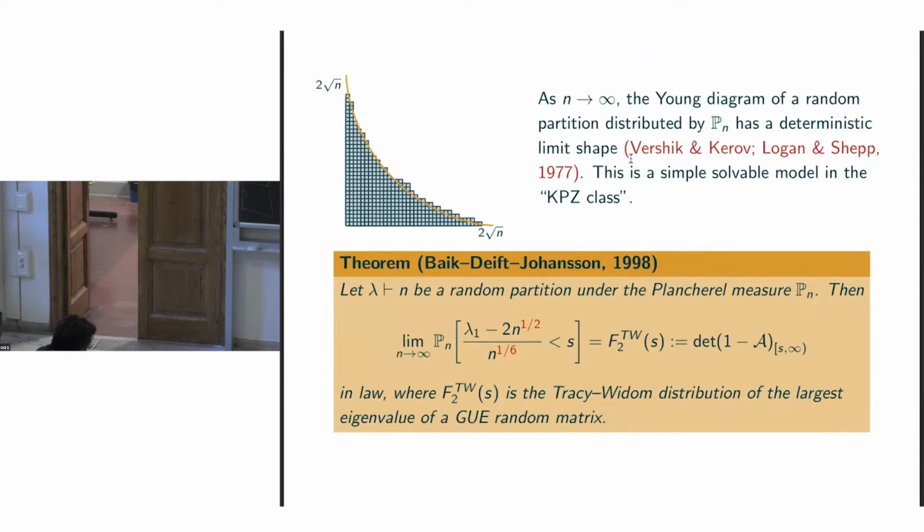So when you look at the fluctuations around the edge, they have this 1/3 scaling. This is a theorem of Baik, Deift and Johansson, a very classical result, where we find that the fluctuations are driven by the Tracy-Widom distribution. It also drives the largest eigenvalue of a GUE random matrix.